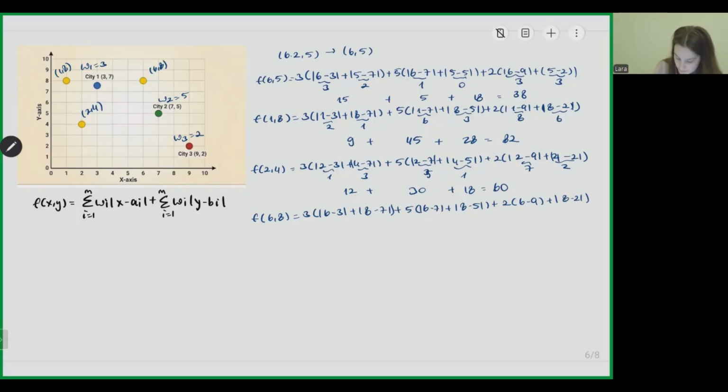Okay, so this is 3, this is 1, 12 again, and then 1, 3, 20, plus this is 3, this is 6, 9, 18, and this is going to give us 50. So as you can see, none of these are better than 38. They're all larger than 38.